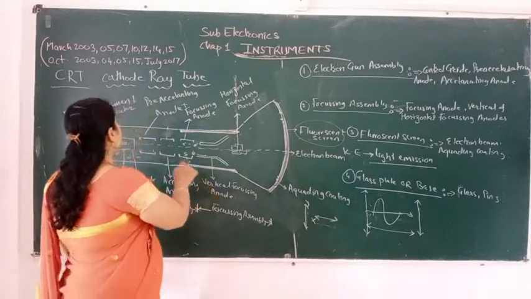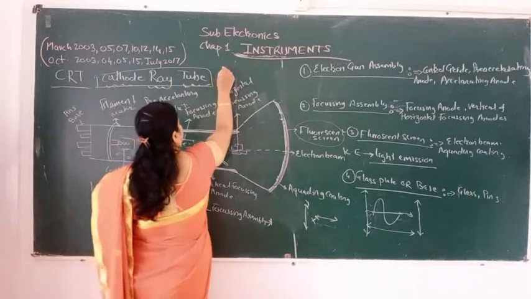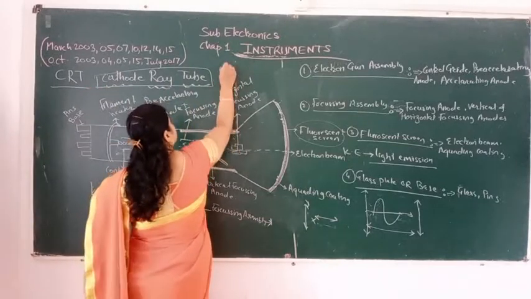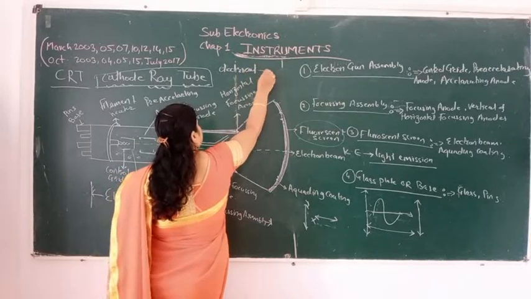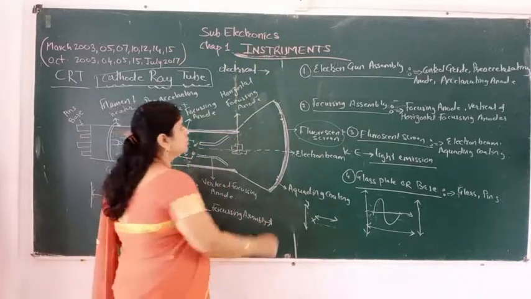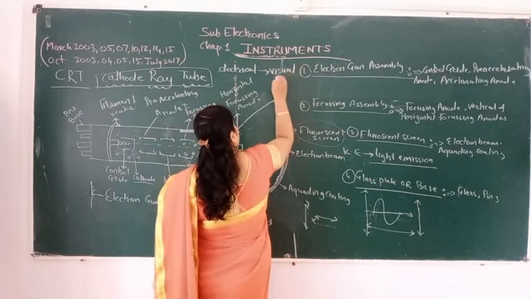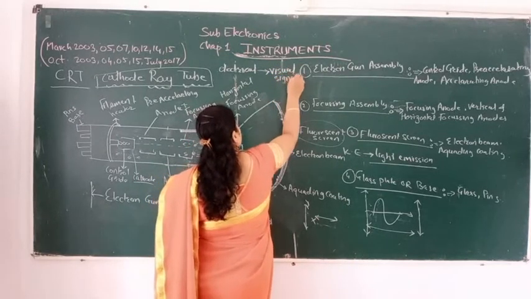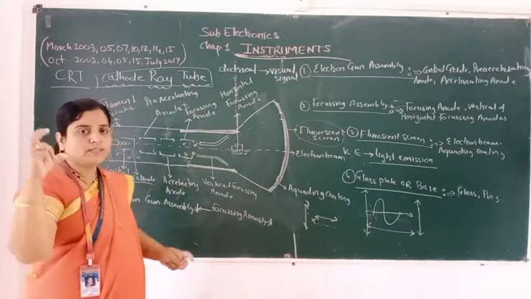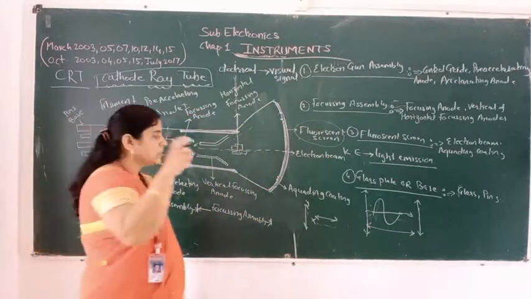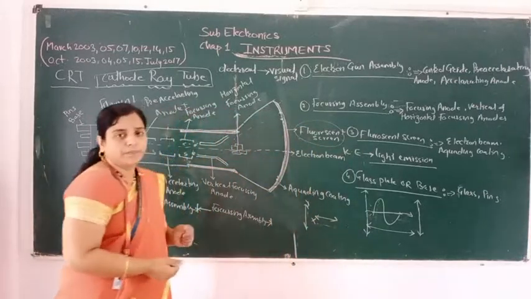So the main function of the cathode ray tube is that the electrical signal is converted into the visual signal. Visual means picture signal. We can observe the waveform, the picture, on the screen of this CRO.